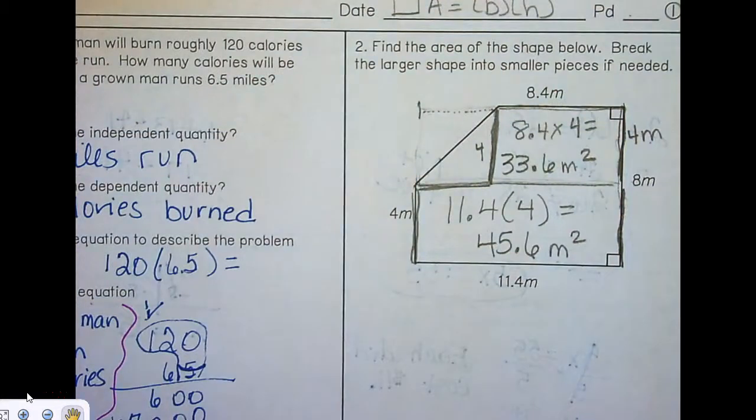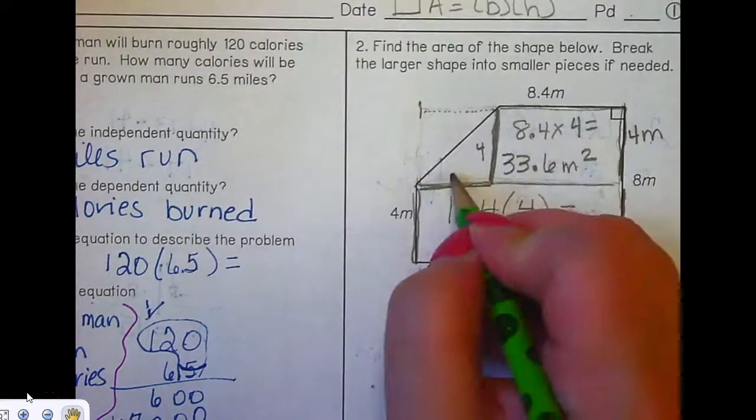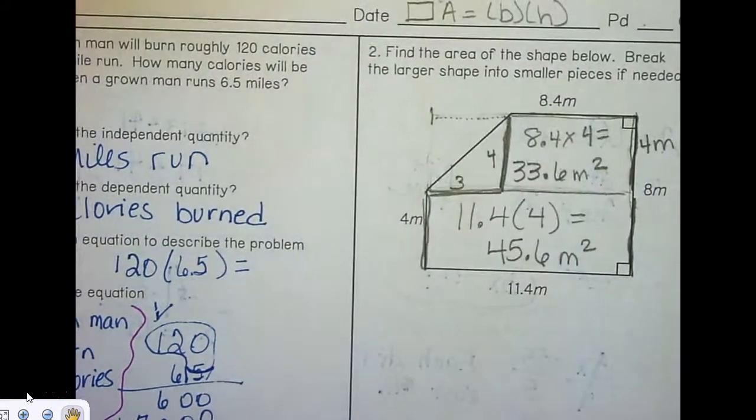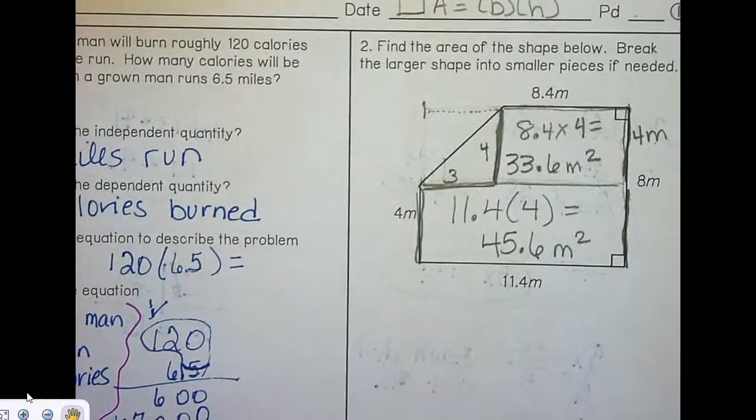Well, we see part of it is 8.4. Spencer, what is it? It's what? Are you thinking? 3. It is 3. Does anyone know how Spencer figured out it was 3, Alexis?